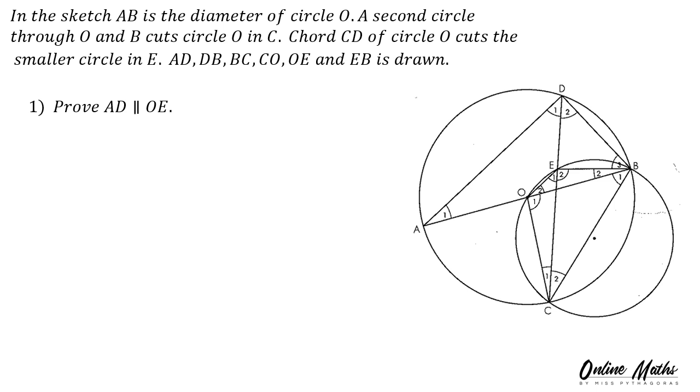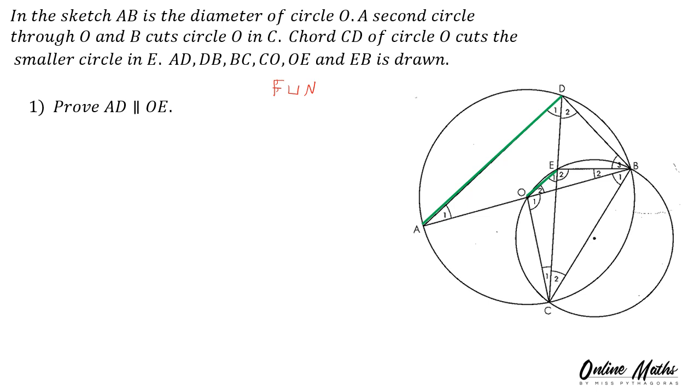Number 1. We need to prove that AD is parallel to OE. Now, can you remember when we have parallel lines, there is this thing we used to call fun in lower grades, where when you have parallel lines, then you say these two are corresponding angles.